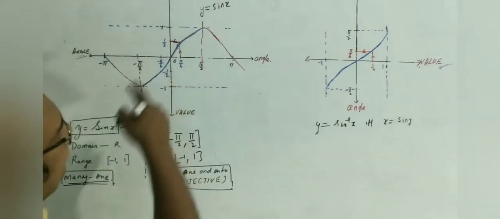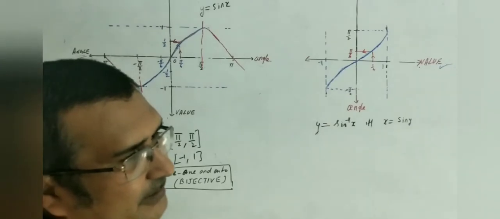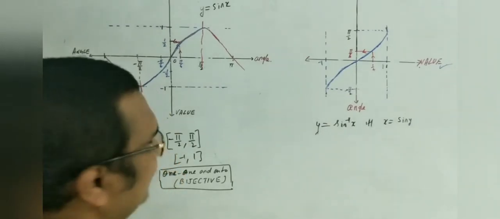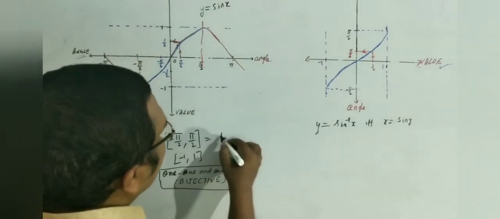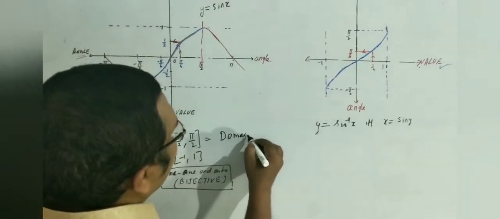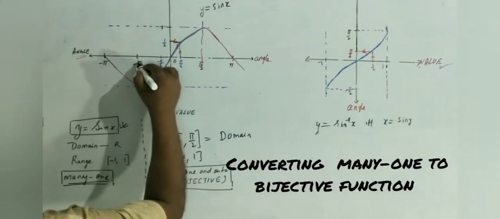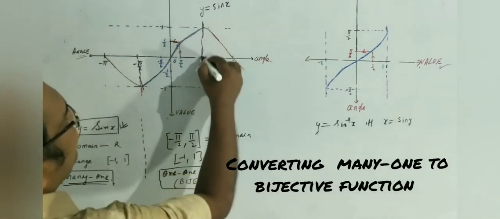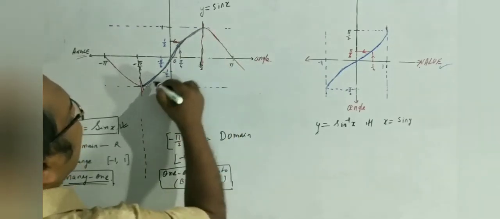How can I make this many-one function a 1-1 function? It can be done by restricting the domain. From minus pi by 2 to pi by 2, if only this part of the graph is there, this is an increasing function.